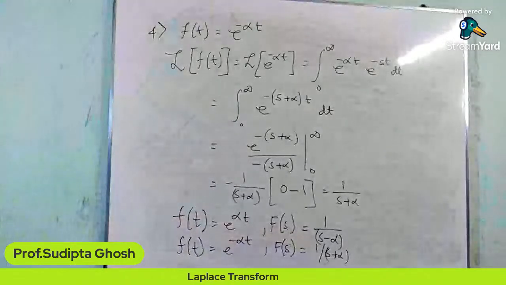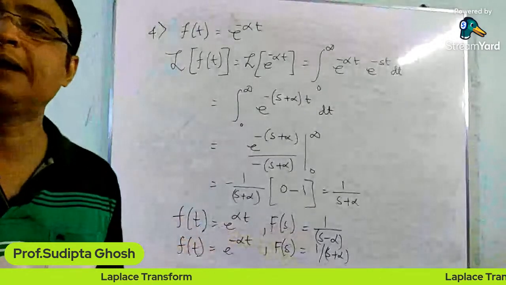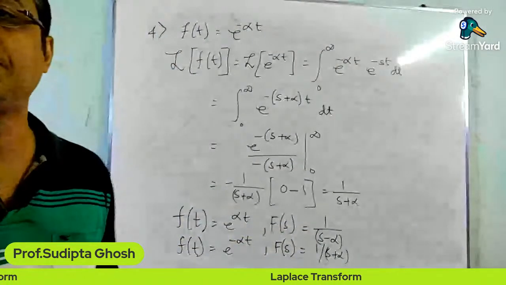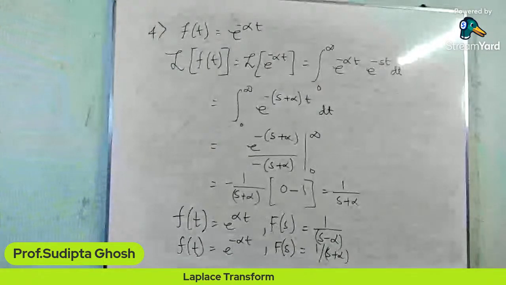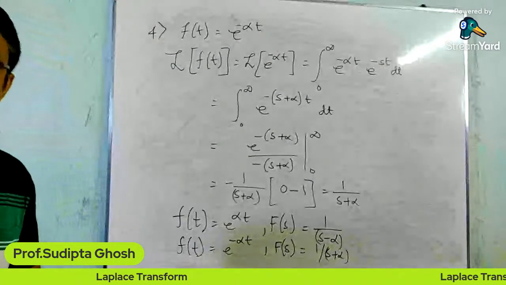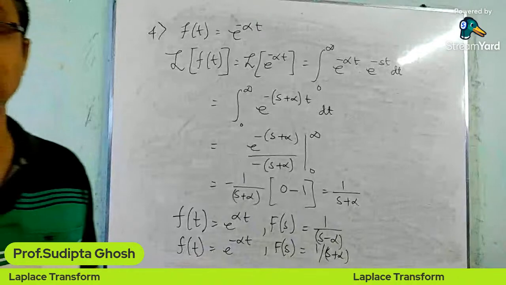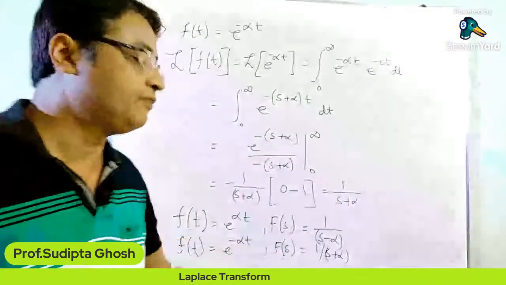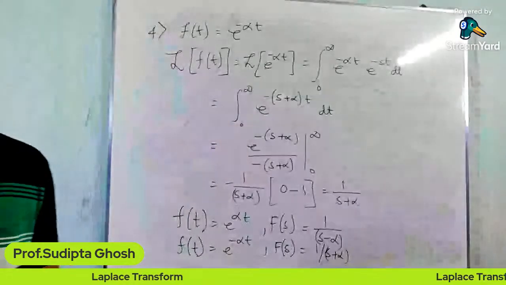1 by (s minus) while the function in the time domain has a positive exponent. Again, if the function in its time domain form is e to the power minus alpha t, that is a negative exponent, then the frequency domain form is 1 by (s plus alpha).